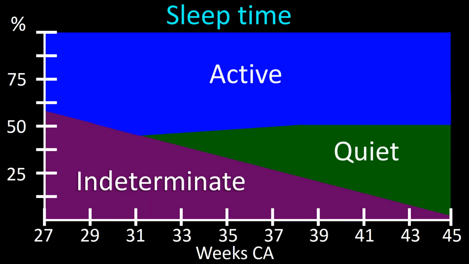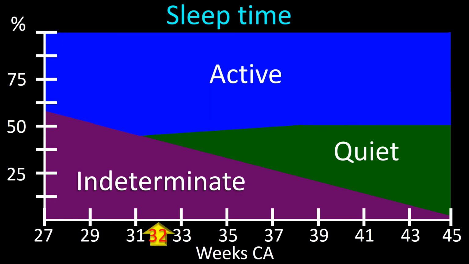This chart represents the percentage of active, quiet, and indeterminate sleep based on conceptional age. At 28 weeks, no quiet sleep is identified. About 45% of the sleep time is spent in active sleep, and the rest is indeterminate sleep.